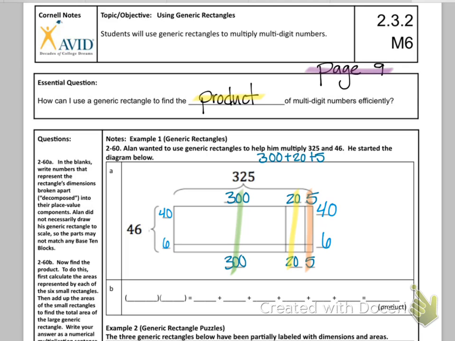Your fourth color, 40 to 40. And I lied, you need a fifth color. Please find a fifth color. And 6 to 6. This will help us identify.